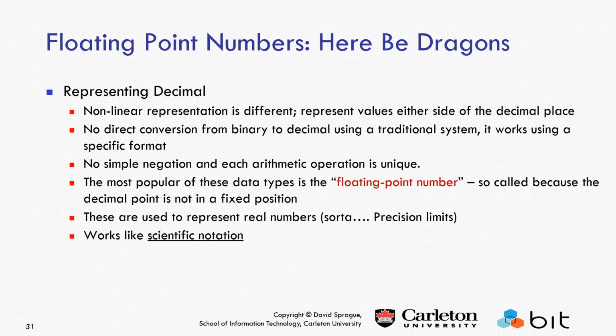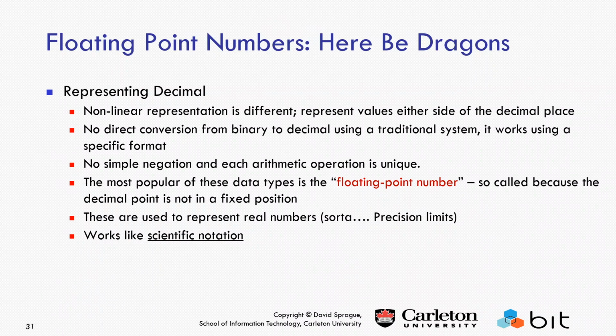Floating point numbers and doubles, which are double precision floating point numbers, are called floating point because there's no fixed decimal point. The idea is you represent the number in a way very similar to scientific notation: a positive or negative sign at the front, the actual number you're representing, like 3.158, and then some exponent value to represent the magnitude of the number.